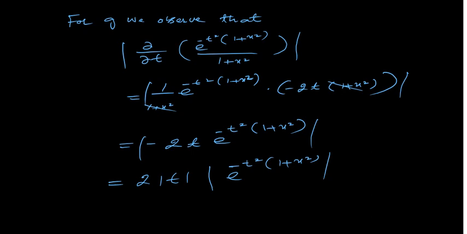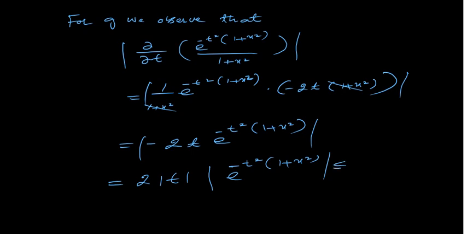But what's this one, e power minus t square times (1 plus x square)? Is it less than or equal to 1? Oh, it's a negative power, so it's actually 1 over e power some positive thing. So that's always less than or equal to 1.